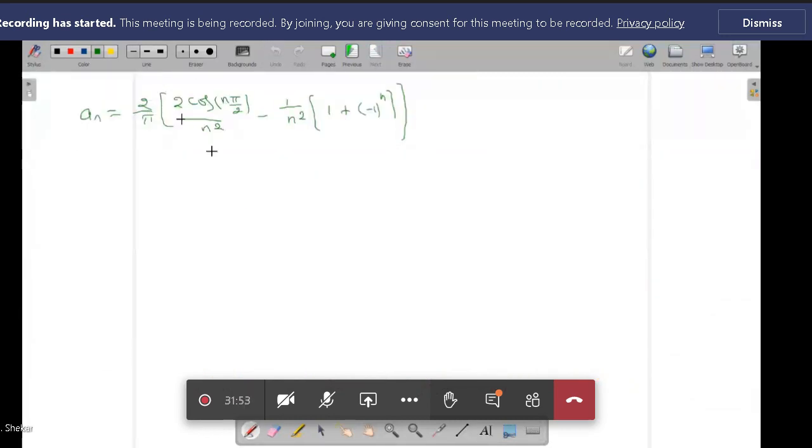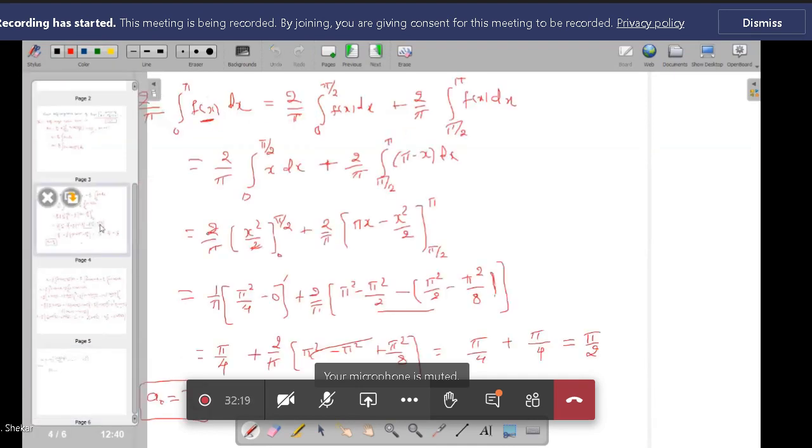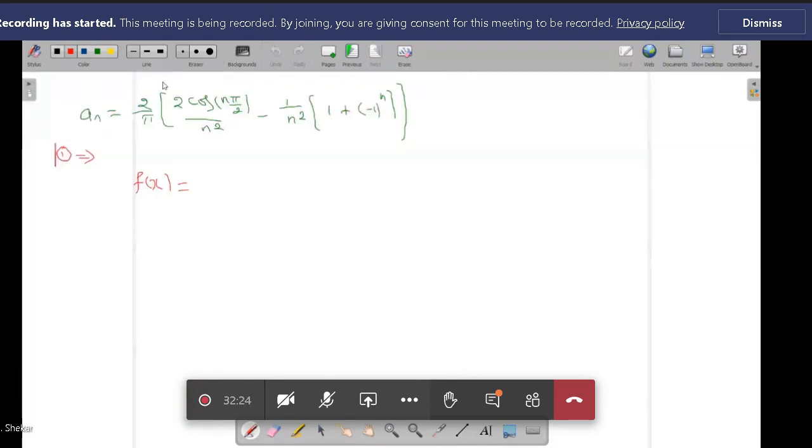So that is the required a_n. So equation 1 implies f of x, the piecewise function, is a naught by 2. What was a naught? A naught is pi by 2, so a naught by 2 is pi by 4.